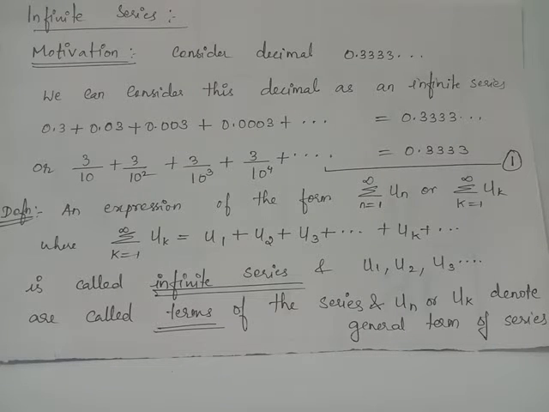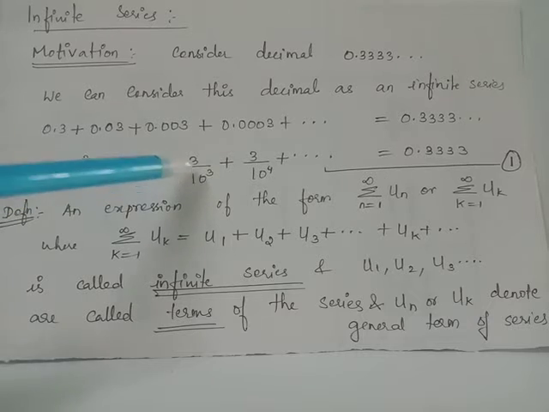Now let us focus back on this equation 1, which is the representation for decimal 0.3333 etc. If you call S1 equals 3 by 10, S2 equals 3 by 10 plus 3 by 10 square, that is S2 equals the sum of U1 and U2, S3 equals 3 by 10 plus 3 by 10 square plus 3 by 10 cube.